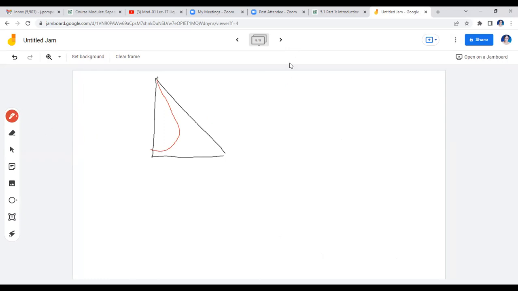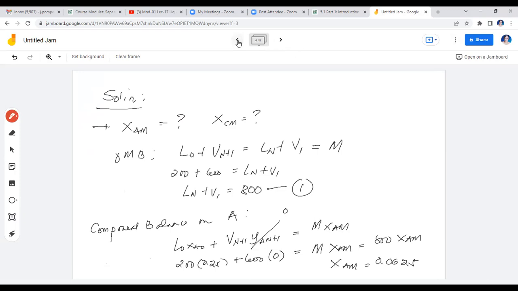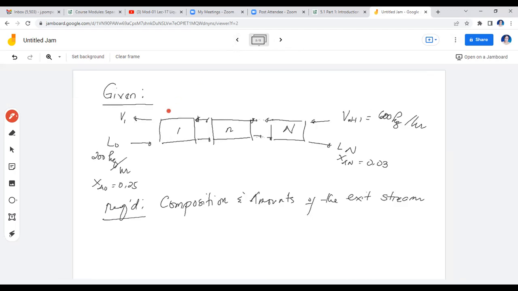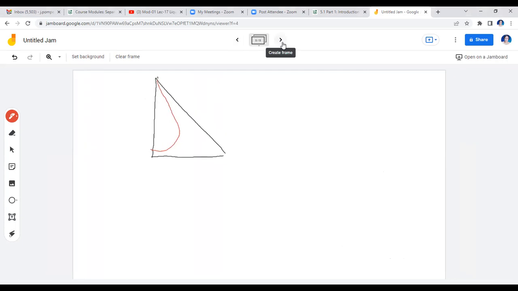Now, in our problem, it says that our L sub O has 0.25 acetic acid. Let me check. The solute is acetic acid. So if it's acetic acid at 25% and then water, it does not have any solvent.